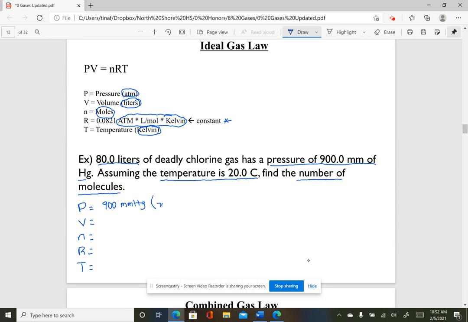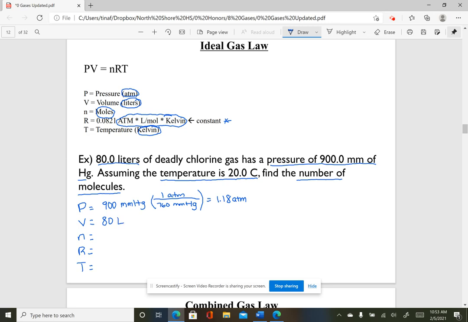So I'm going to put 760 millimeters of mercury on the bottom and 1 atm on the top. All right, so let's do this. 900 divided by 760. I get 1.18 atms.